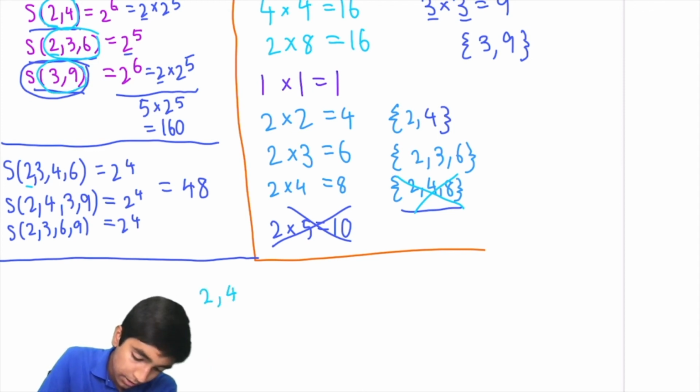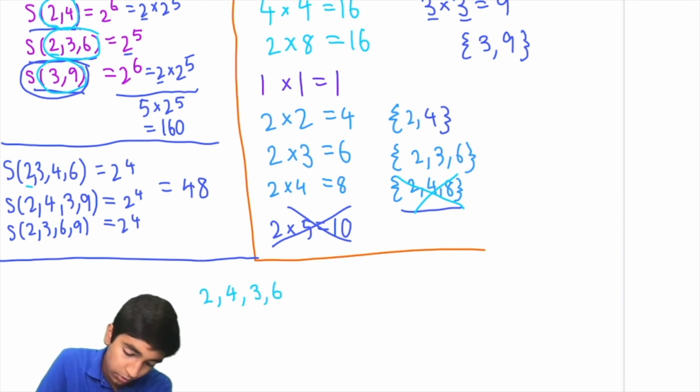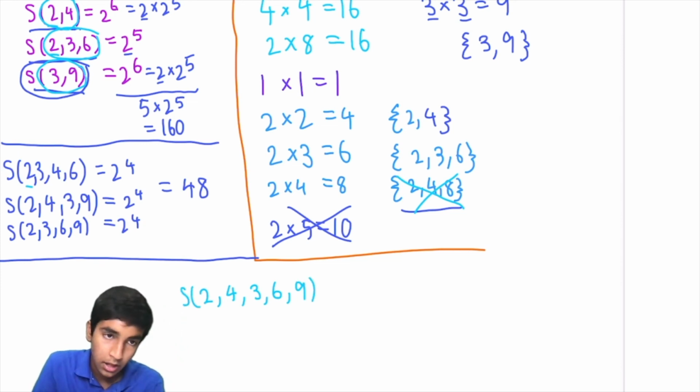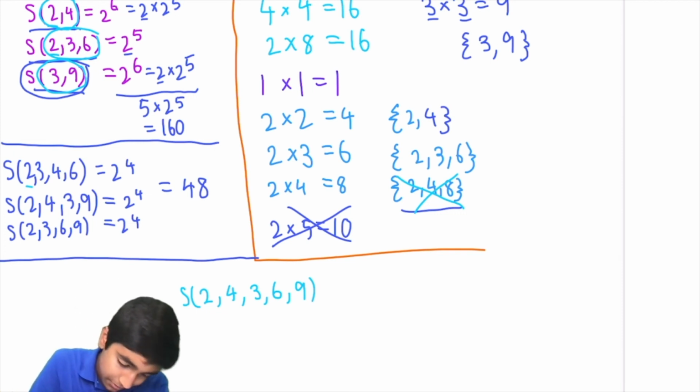The 2 is already there, so then an additional 3, 6. The 3 is already there, so an additional 9. So the number of subsets with these elements: there are 8 total elements, 5 elements here, 3 elements left, 2 cubed.